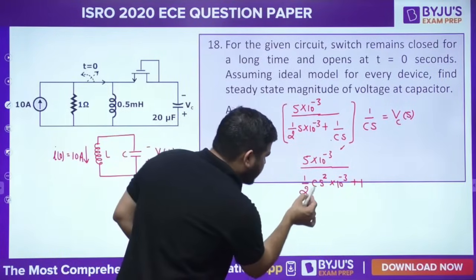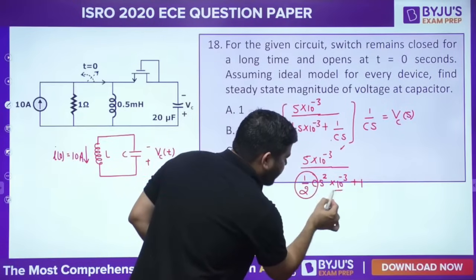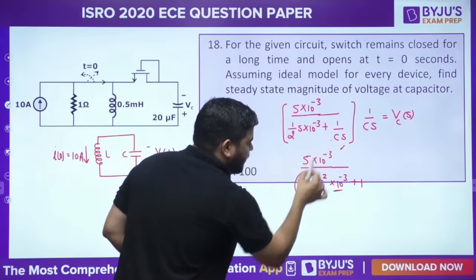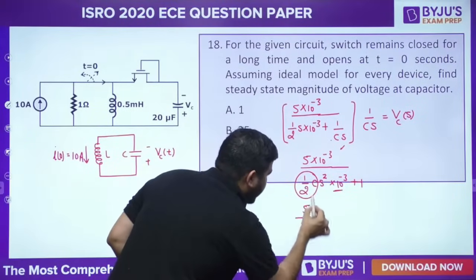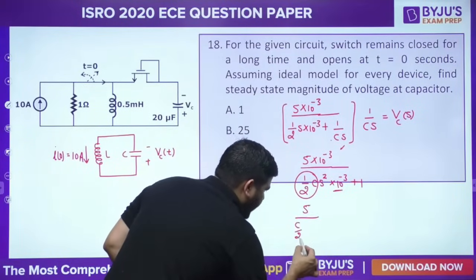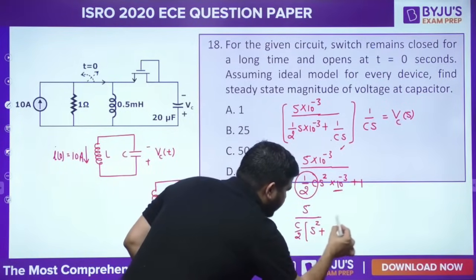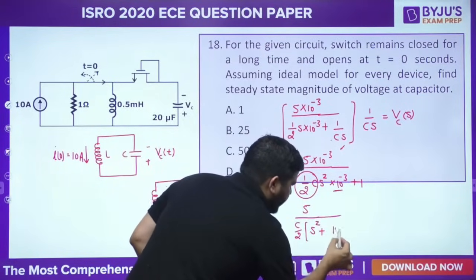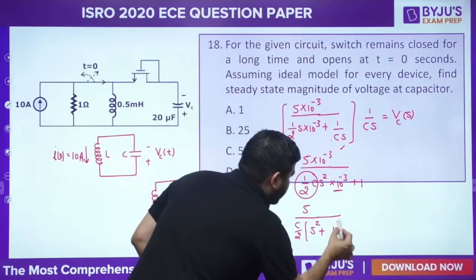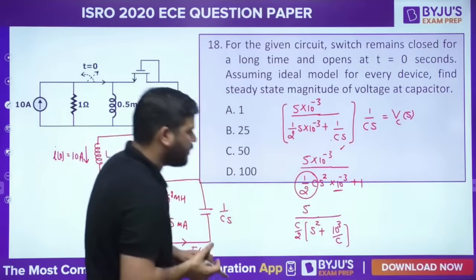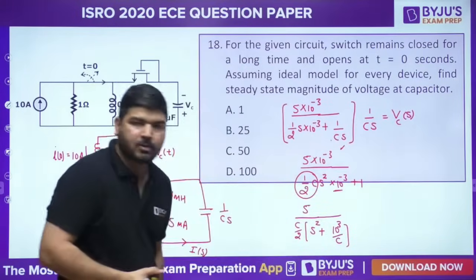Now you can take half into C into 10 to the power minus 3 common. Then the 10 to the power minus 3 will be gone, so you get 5 divided by C by 2, and you are left with S square plus 10 to the power 3 upon C. So I am taking this as common.